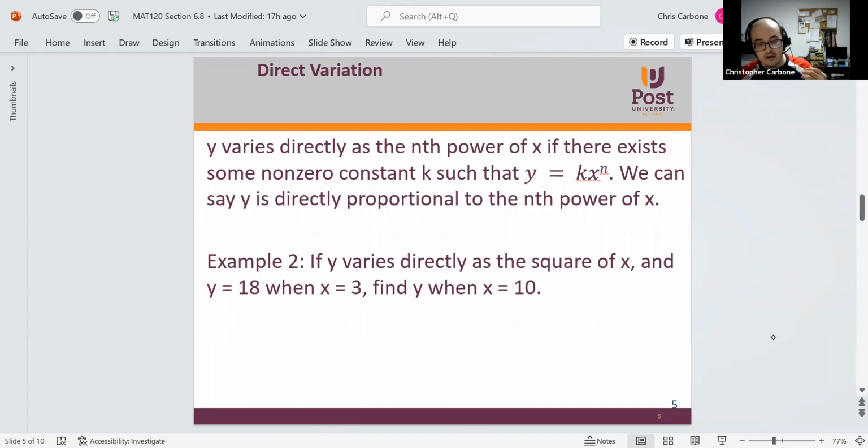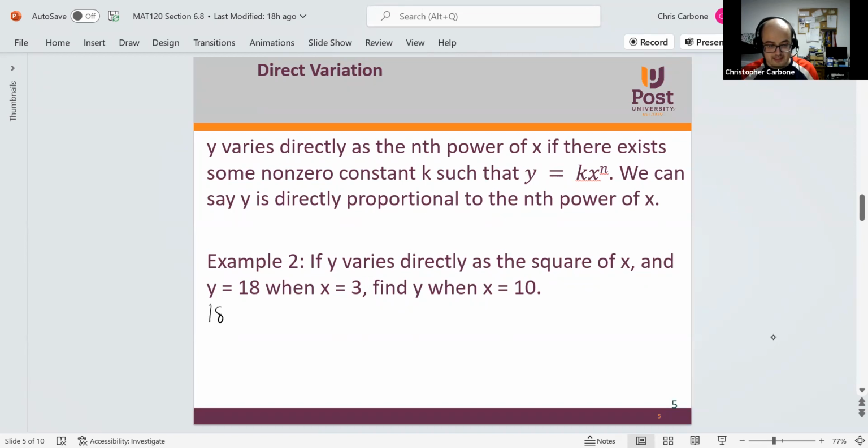So another type is y varies directly as the nth power of x if there exists some non-zero constant k, such that y is equal to k times x to the nth power. We can say that y is directly proportional to the nth power of x. So for example, if y varies directly as the square of x, and y is equal to 18 when x is 3, we want to find y when x is equal to 10.